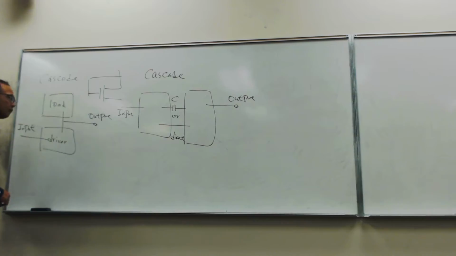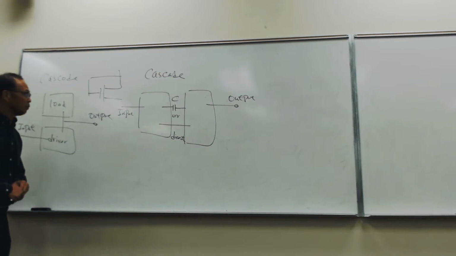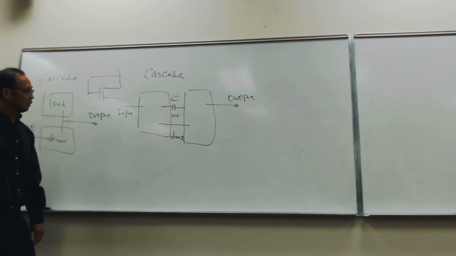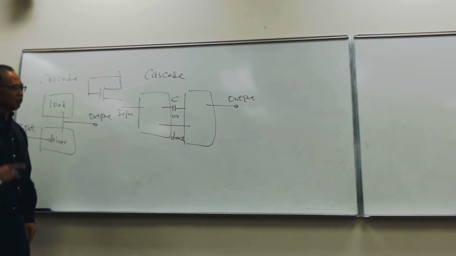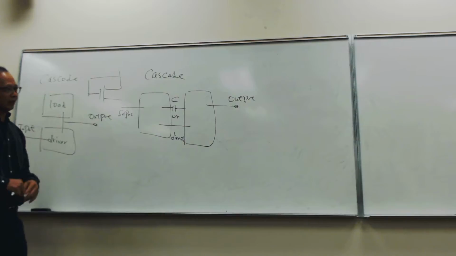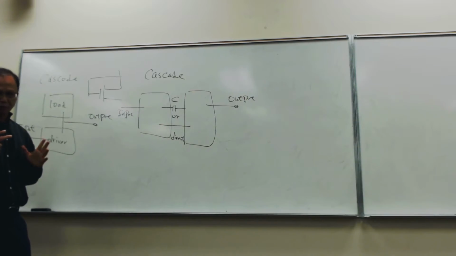Okay. So today I'm going to do an example on the direct coupling of cascade. But before I do that, I looked at a note before I came here. I thought I should do a single stage, so I'm going to go backward.